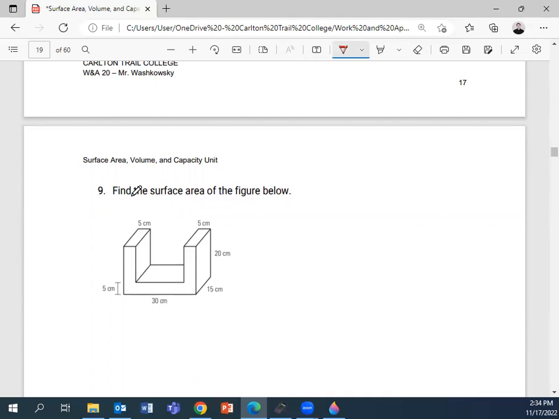What I want you to try and do, without your notes, and you can use your calculator, is what I like to call an exit strip. Basically, it's one question. It gives me an idea of where everyone's at, so I know what I need to focus on. I'm going to be handing that out.